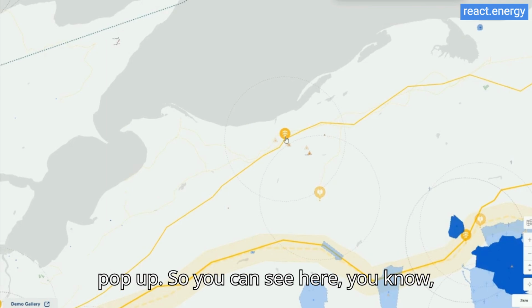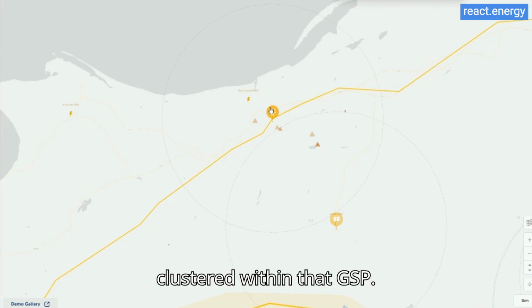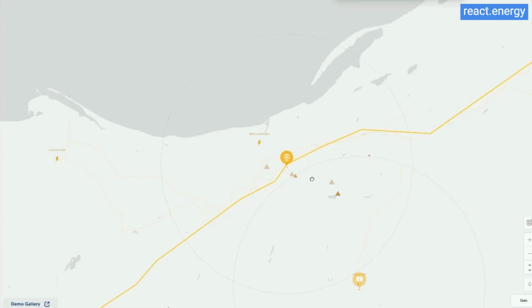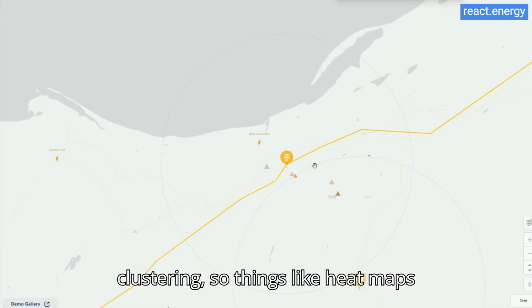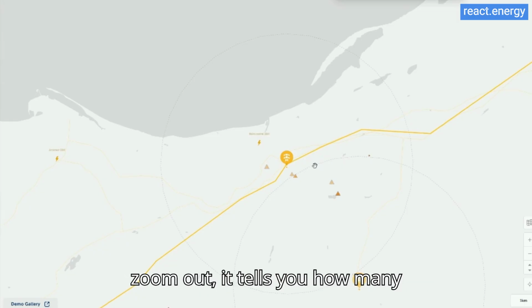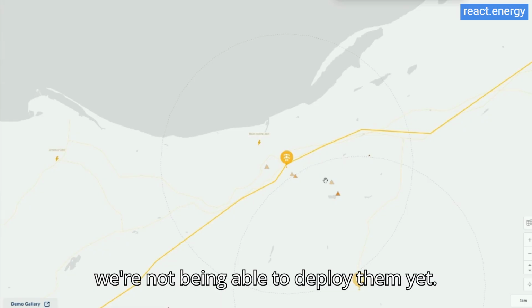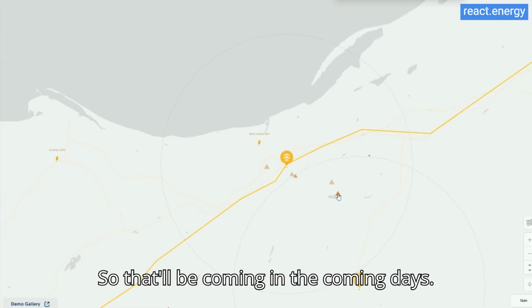So you can see here there's a number of batteries that are clustered within that GSP. We are building tools to automate that clustering, so things like heat maps and a type of clustering that, as you zoom out, tells you how many schemes and the total capacity, but we've not been able to deploy them yet, so that'll be coming in the coming days.